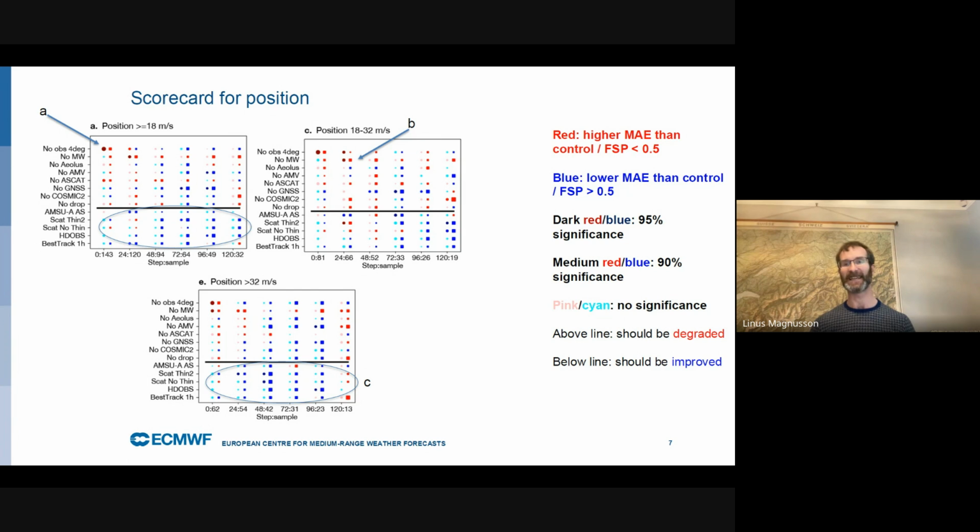So it shows that all the data on average make a good impact for the position. Otherwise, we see that when removing the microwave data, we have the most consistent impact on the position.